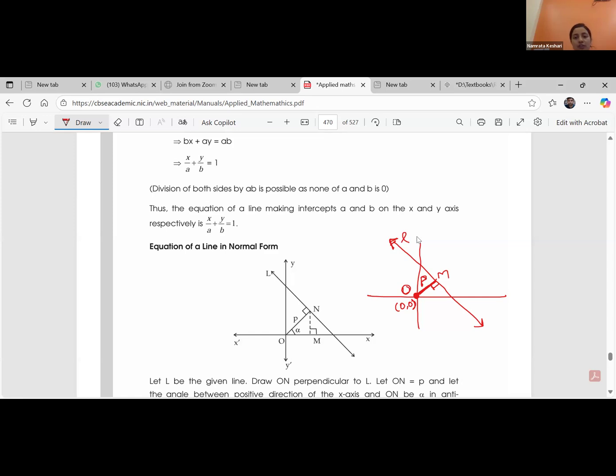Now this perpendicular which we have dropped, that is OM, is making an angle alpha over here.